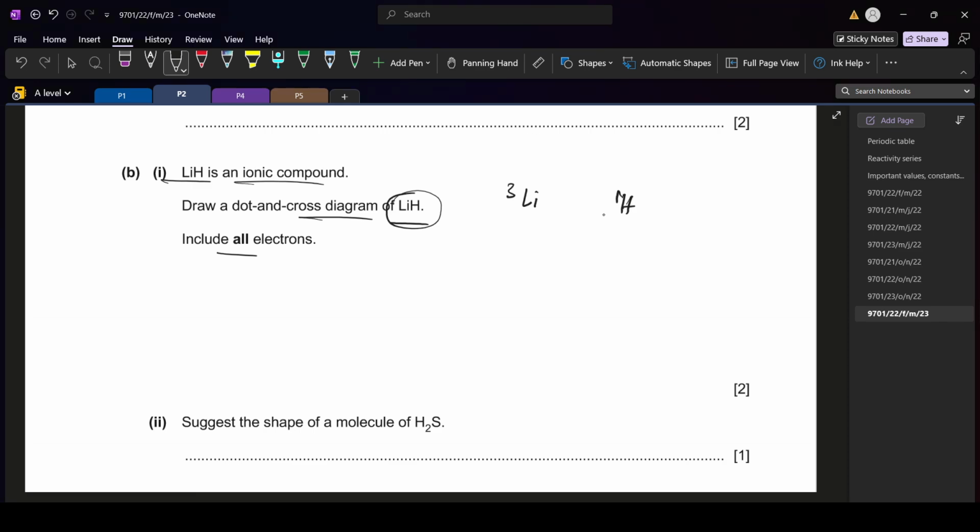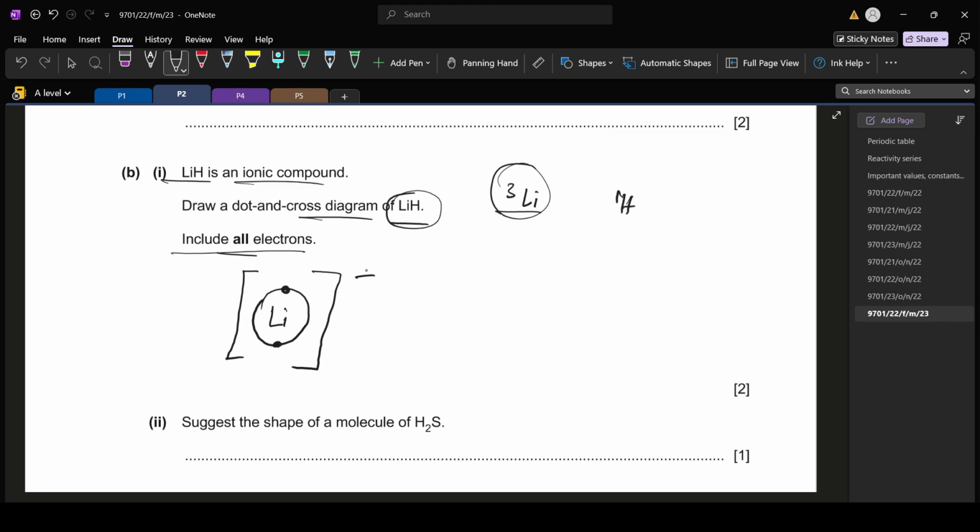But when lithium hydride forms, as an ionic compound, lithium will lose one of its electrons. In lithium you have to show all of the electrons. When it forms the ionic compound, it will have only two electrons. One electron is lost to hydrogen.